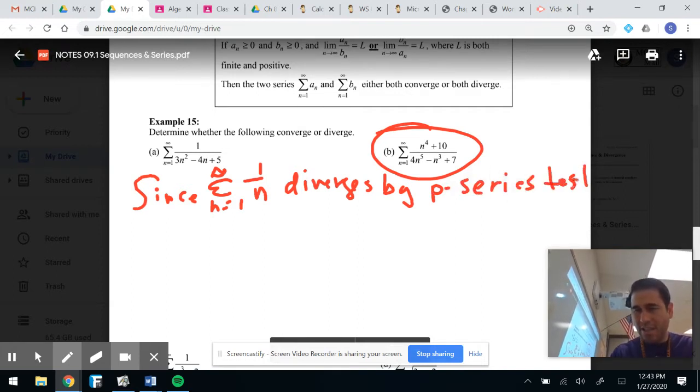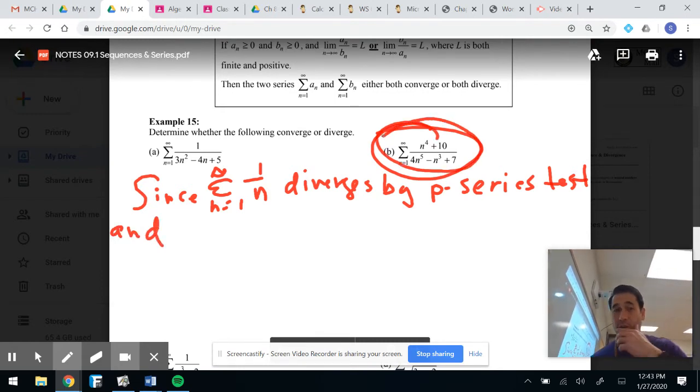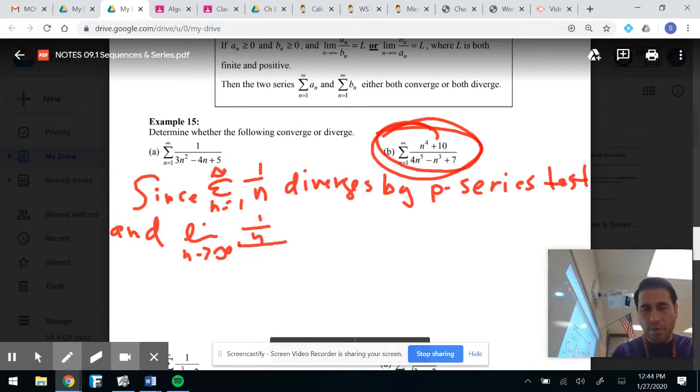Okay, and remember, I can't do an inequality, but I need something else. If I can't do an inequality, that looks kind of difficult if I'm trying to compare, so let's use this limit comparison test. The limit as n approaches infinity, remember, it doesn't matter what goes in the numerator, okay? Doesn't matter which one goes in the denominator, but there's no way I want to do that crazy division, so I'm going to multiply by the reciprocal.